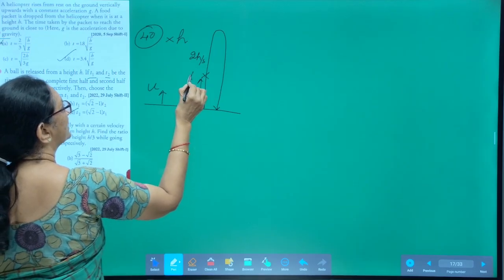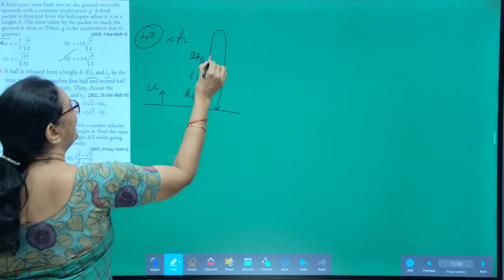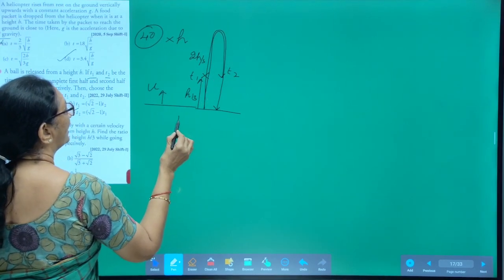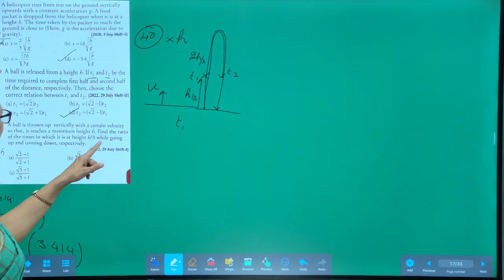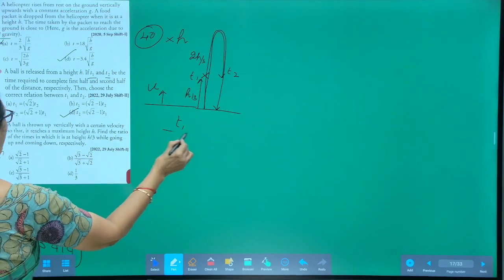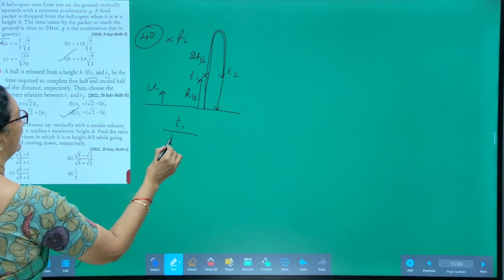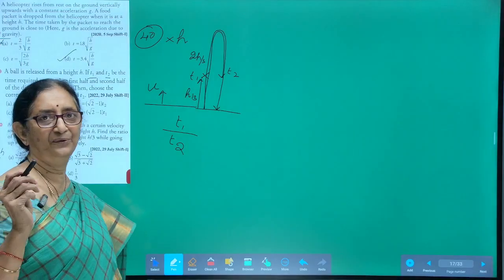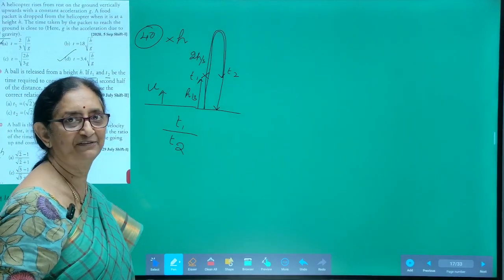So this time is T1 and again the total time this time is T2. We are asked to find the ratio of times while going up and coming down respectively, so find T1 by T2. I'll tell you a very brilliant method for this.